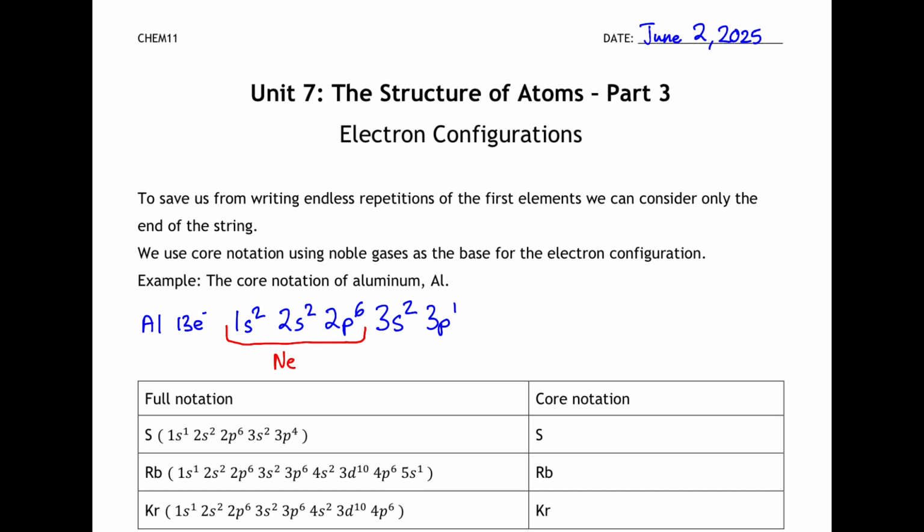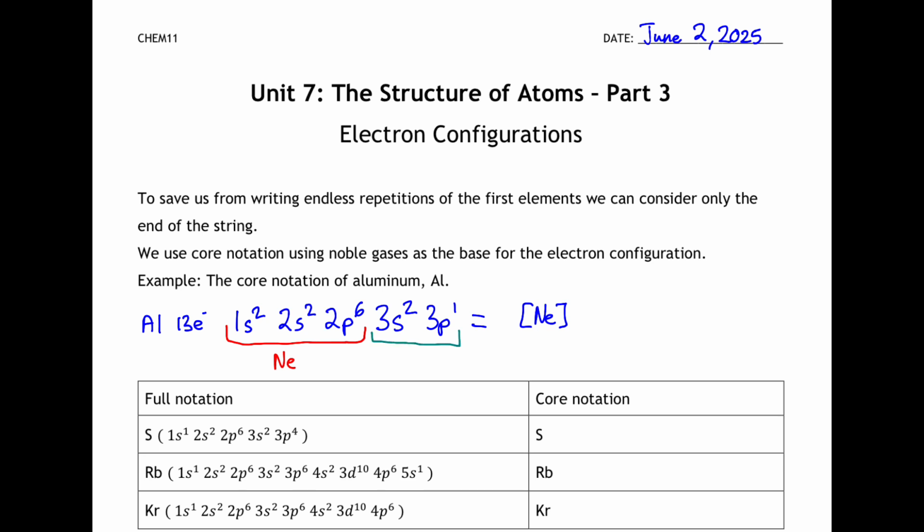And so we can use noble gases as our base. What we're going to write aluminum as is neon plus what's left. The way we write that is, I'm going to write this equals, as it's the same thing, written as neon in square brackets to say all the electrons neon has, plus extras. And the extras are just this chunk here.